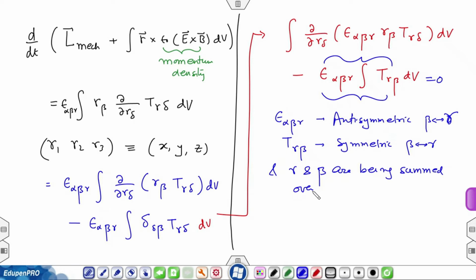So, this term is 0, right. So, let us pause here for a minute and ask you to show explicitly that epsilon alpha beta gamma T gamma beta is equal to 0.